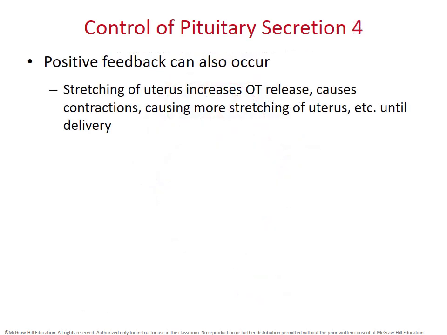Positive feedback can occur sometimes. Remember, positive feedback is the snowball effect, and it's pretty rare as a homeostatic mechanism, but you do see it in some cases. For instance, the stretching of the uterus will increase oxytocin release, which causes contraction, which places more stress in the wall of the uterus, which causes more oxytocin to be released, and you have this sort of snowball effect of increasing contraction strength until, of course, the baby is delivered.